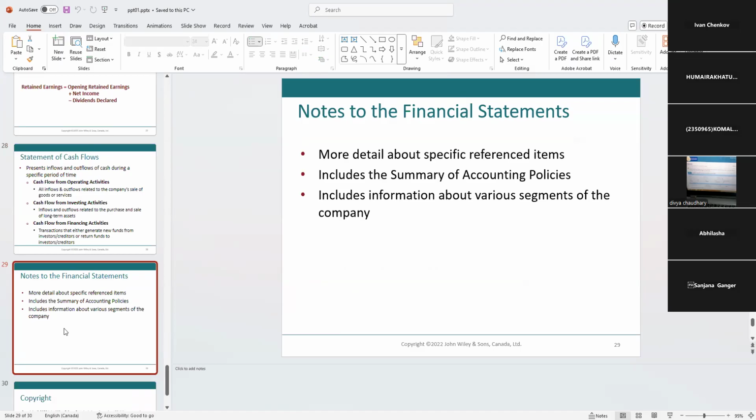Notes to financial statements are the detailed explanation of every single element of the financial statements, starting with the statement of income, which shows what the sales are, what the purpose of sales is, and the expenses, then going to the statement of shareholders' equity, which shows what the shareholders' equity is, where that comes from, how many shares are issued, where the retained earnings come from and how they were calculated, and keeps going through the balance sheet and the statement of cash flow, and explains everything in very close detail.